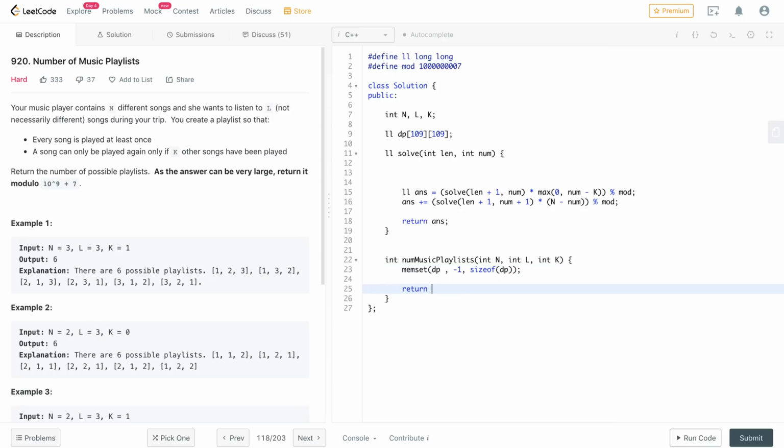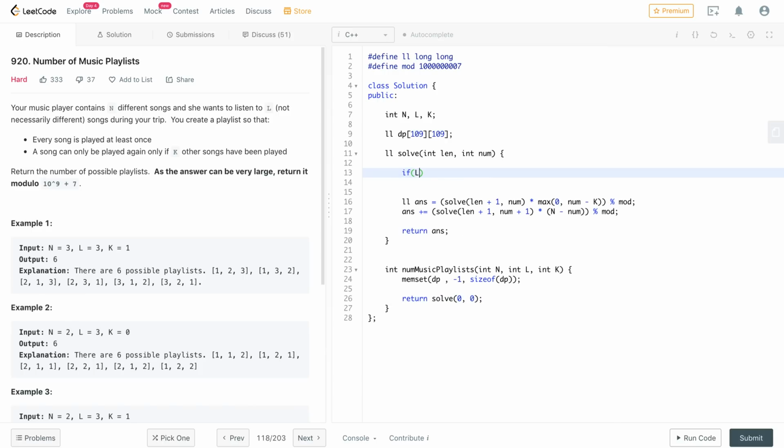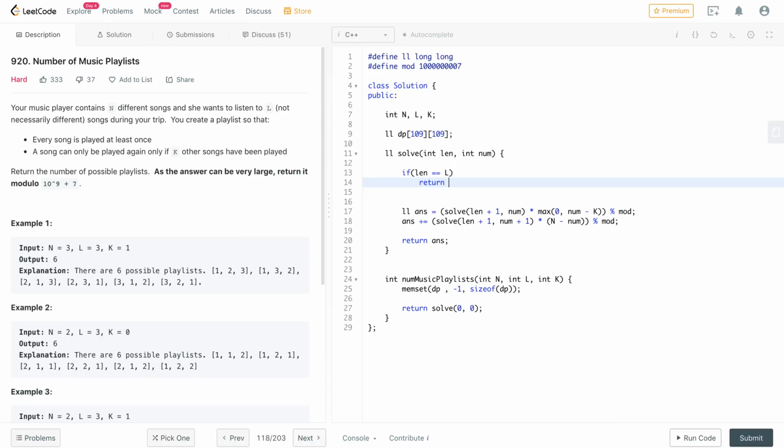Alright, so what we need to return here is we are starting with a playlist length of 0 till now and 0 unique songs. In the end, if our length has reached L, we will check whether the number of unique songs that we have played equals n or not, because we said that each song is played at least once, so the number of unique songs in our playlist should be n, otherwise the answer should be 0.